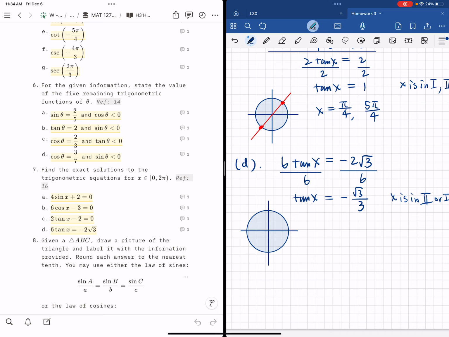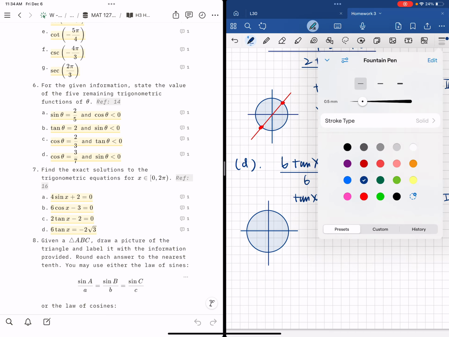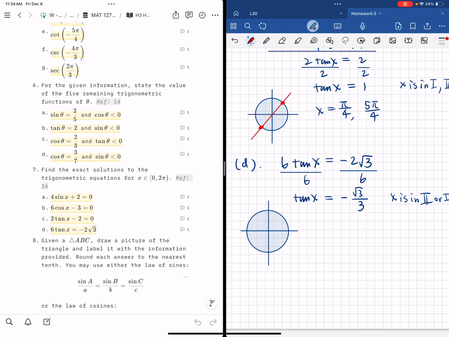And second, the ratio is actually less than 1. Let's think, sine divided by cosine, so cosine will be greater. The graph should look somehow like this. Cosine should be greater in terms of its absolute value, and we should have these two. And it has something to do with radical 3.